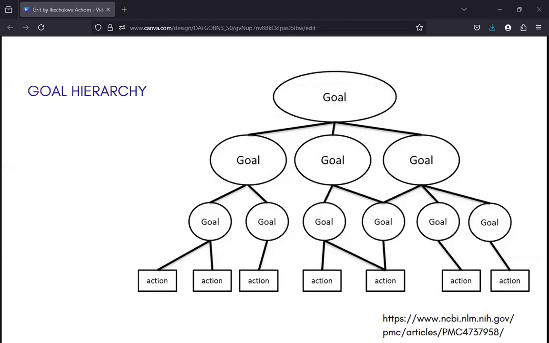So that's kind of just breaking it down into mid-level goals. And then of course, you can have much lower level goals, depending on the particular stack.